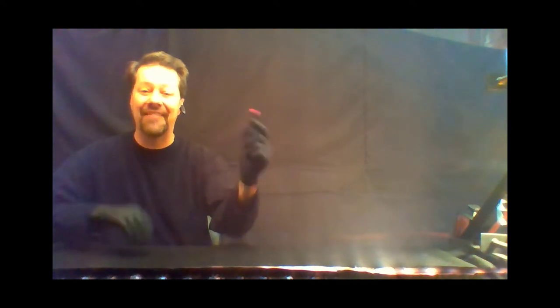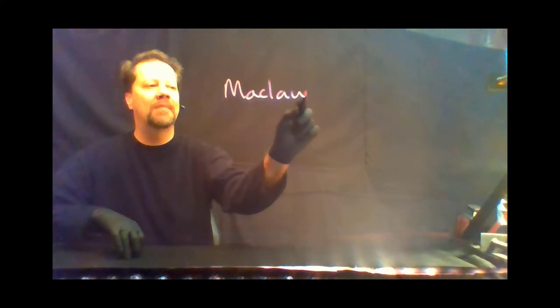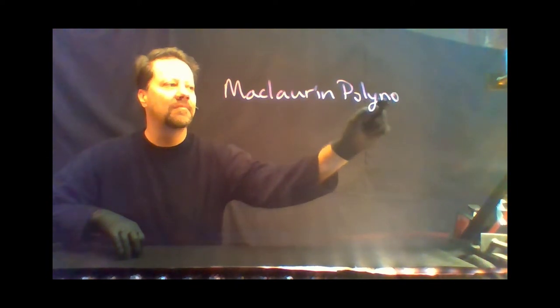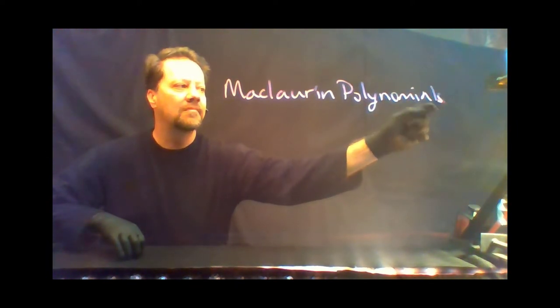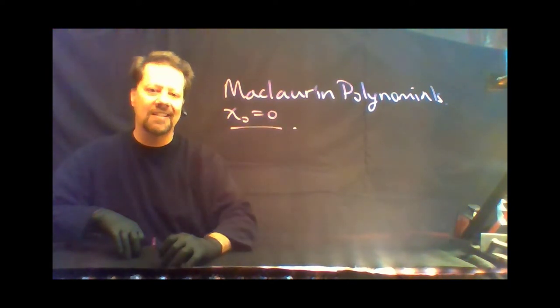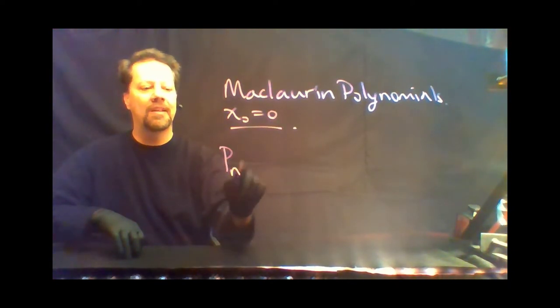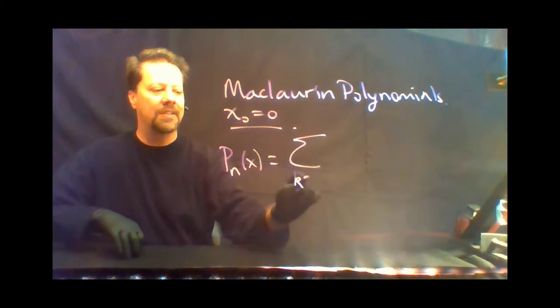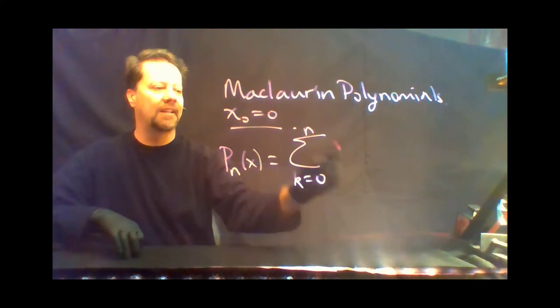Believe it or not, Taylor polynomials centered at the origin, at x naught equals 0, have a different name. They're called Maclaurin polynomials. In these, we just set x naught equal to 0, so that the Maclaurin polynomial will be summed from 0 to n.